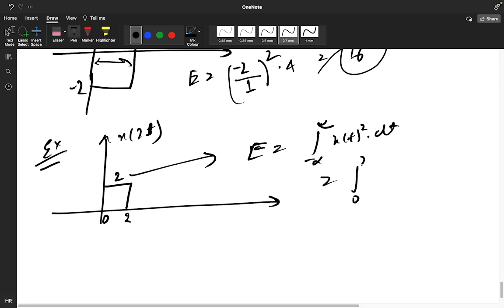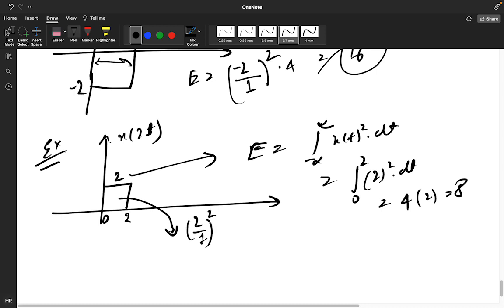So from 0 to 2, x of t value is 2, the whole square into dt, that is 4 into 2, 8 is coming. And by that formula also, if you check, amplitude is 2 by 1, the whole square, and the time is 0 to 2. So how much are you getting? 4 into 2, 8.